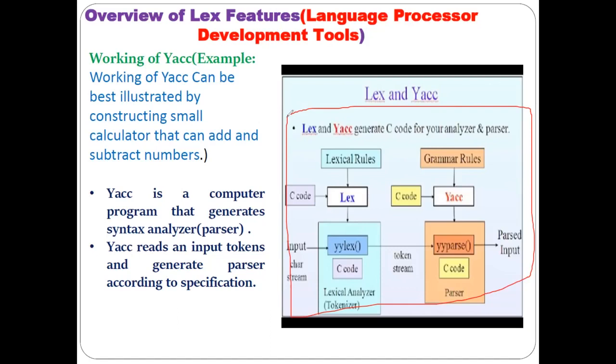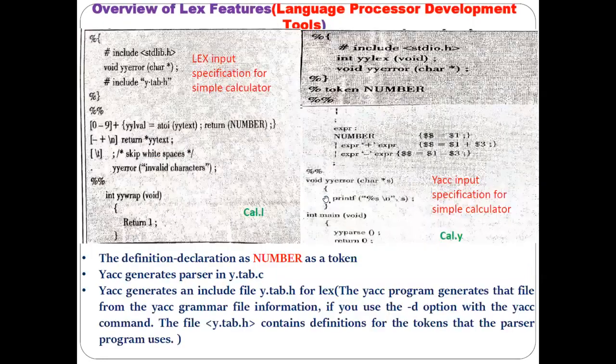So if you want to construct the syntax analyzer or the parser, you also need to construct the lexical analyzer, and then you have to compile both of these files combinedly, and your a.out will be generated. Once your a.out is generated, you can check the syntax. For that purpose, we are discussing the generation of the syntax analyzer using the Yacc tool for the calculator.